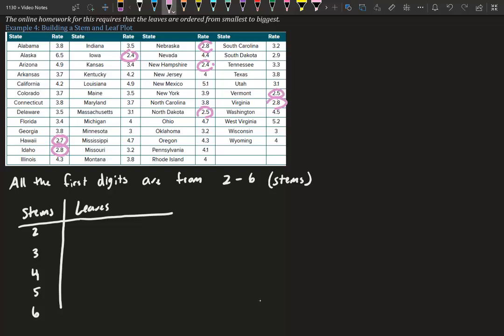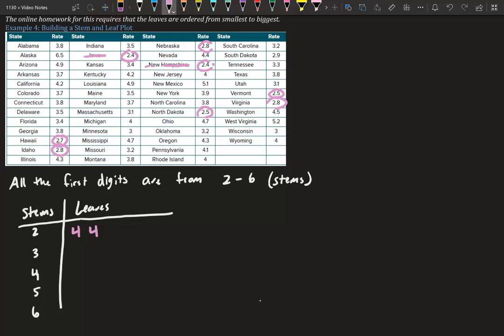So we have 2.7, 2.8, 2.4, 2.8, 2.4, 2.5, 2.5, 2.8. Our smallest ones are 2.4. We have two 2.4s. So we look at 2.4, we write the second number, 4. So that counts for this one. Then we have another one, New Hampshire. So 4. All right, then we just keep going.